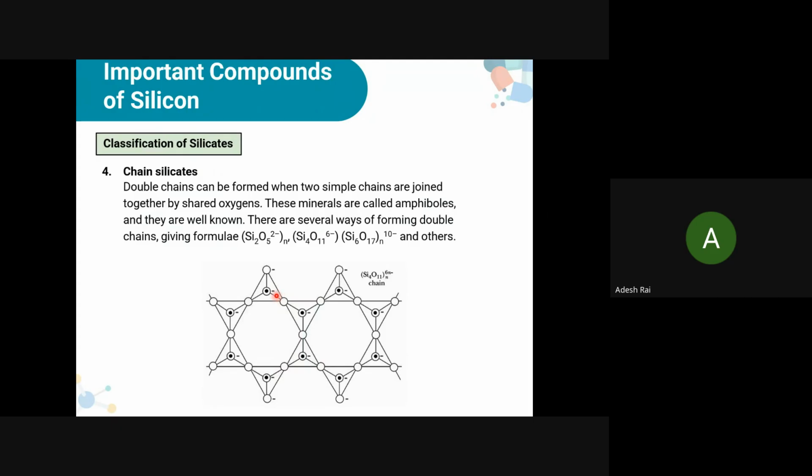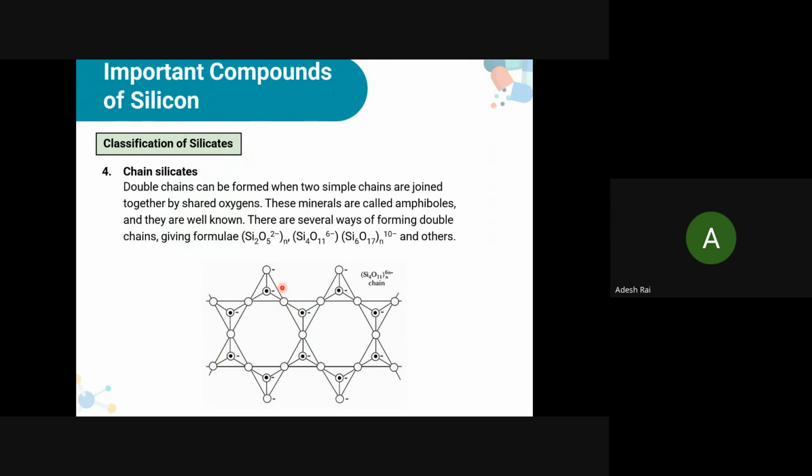If you break this bond, let's say, so one, two, three oxygen atoms here, then four, five, six, seven, eight, nine, and then 10, 11. No, no, it's correct. Good, good. Okay, cool.